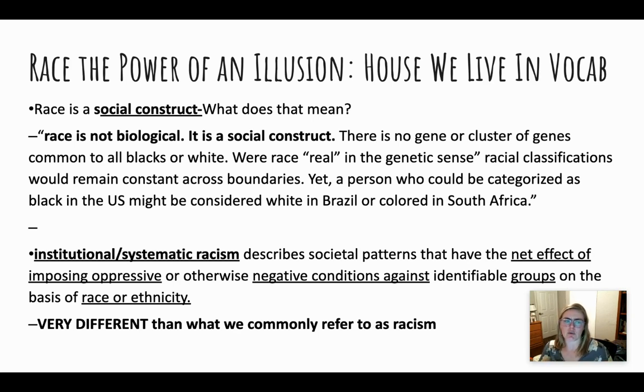The other thing to go along with that is that this film, and really a lot of what we are going to talk about this unit, has to do with what is called institutionalized or systematic racism. So these are societal patterns. This is not individual. This is not somebody acting racist or derogatory towards an individual or a group of people based off of race, but a system that is oppressing or repressing a group of people.